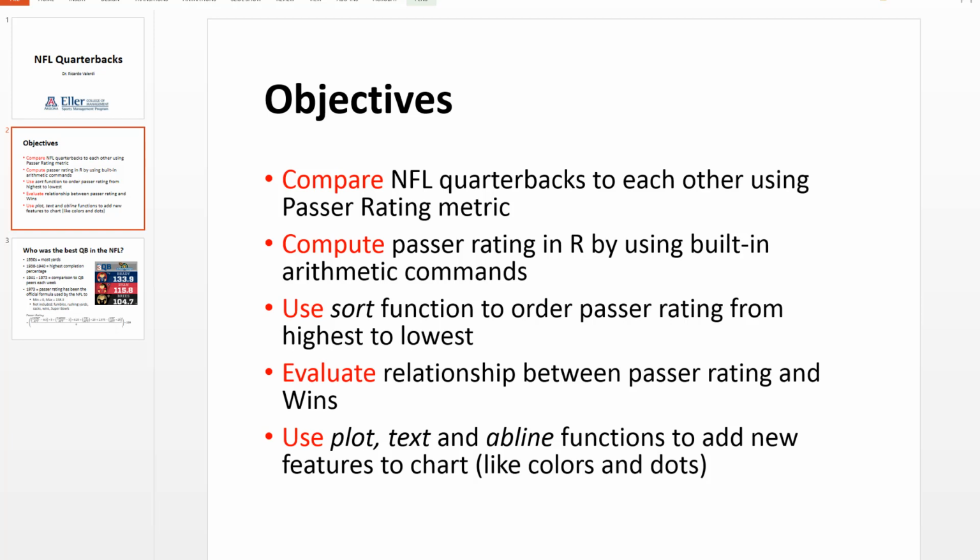We will compute this metric within R by using some built-in commands like adding, subtracting, multiplying, and dividing. We'll use a sort function within R to order the passer rating from highest to lowest so that we can see who is best and who is worst.